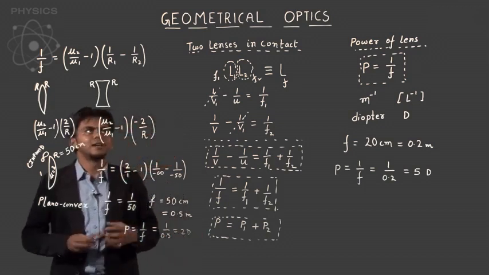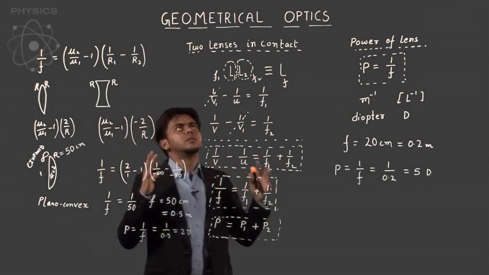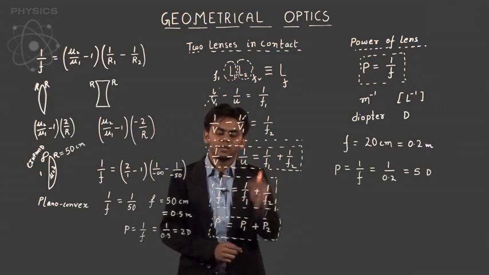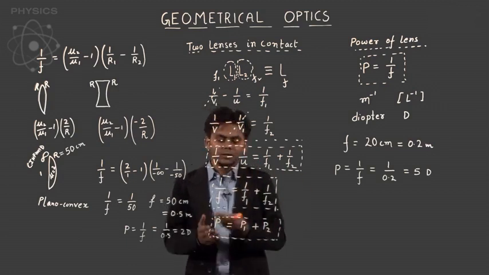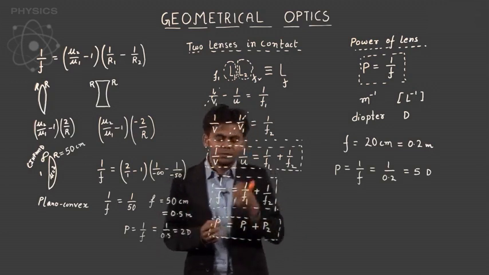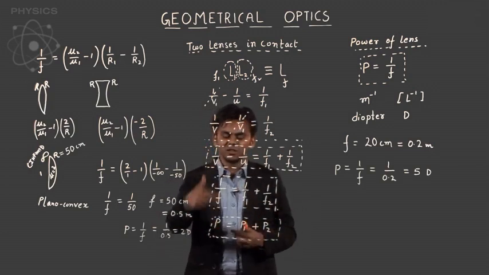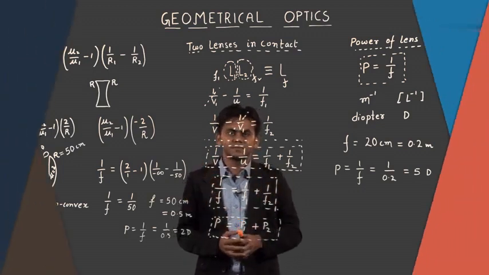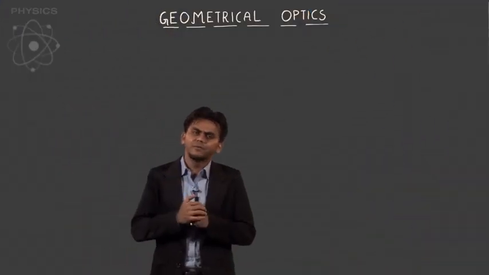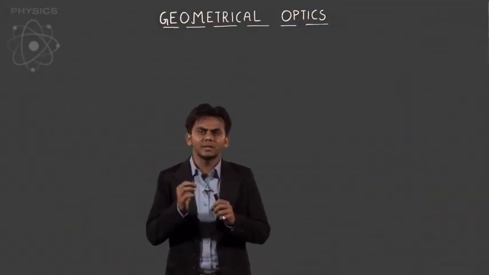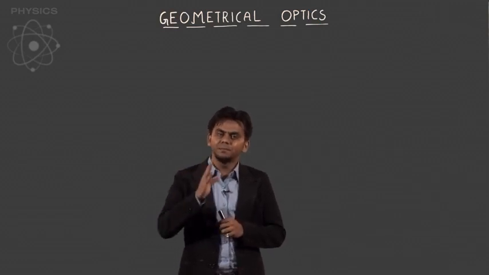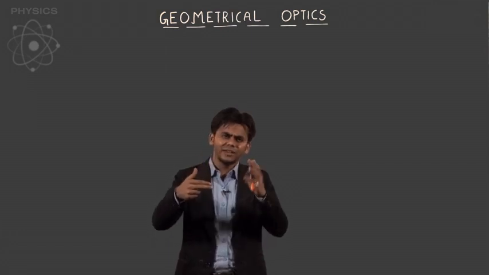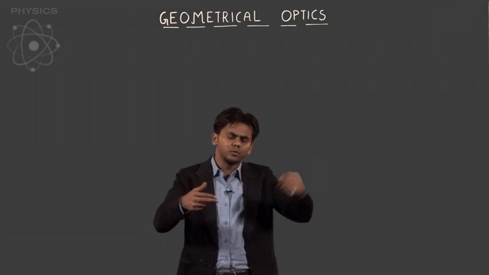I mean, this wraps up your idea of 2 lenses in contact, or rather 2 thin lenses in contact. This would be your formula for the focal length combination or the power formula. Power is simply P1 plus P2, and focal length would be inverse of your effective, is the summation of the individual focal lengths. So we have understood, if 2 thin lenses are in contact, the resultant power would be P1 plus P2, or the focal length relation is 1 by f is equal to 1 by f1 plus 1 by f2.